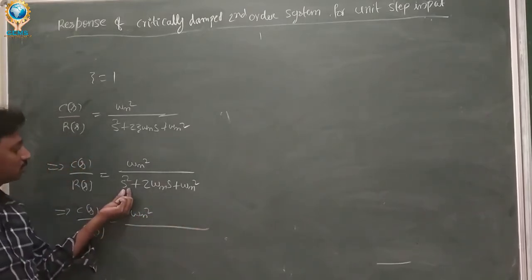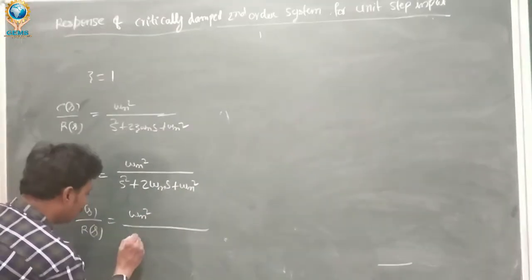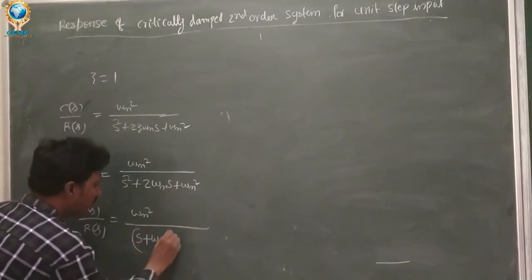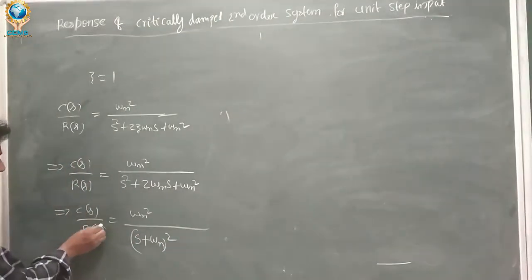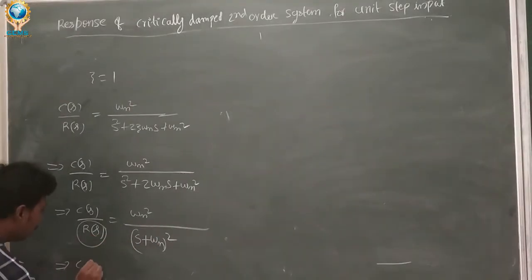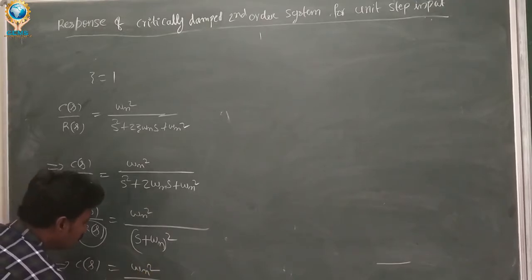This is of the form a square plus 2ab plus b square, so I can write s plus omega n whole square. Now you just cross multiply here, so C of s is equal to omega n square by s plus omega n whole square times R of s.